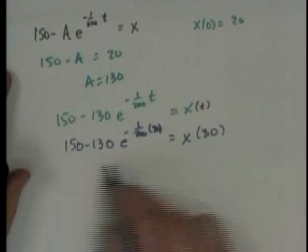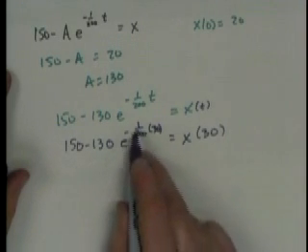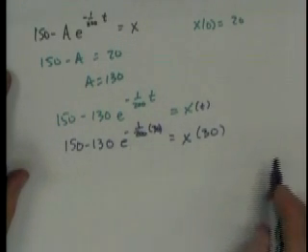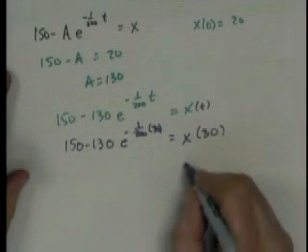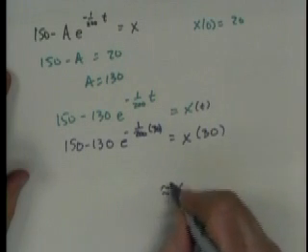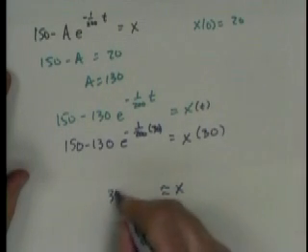So I'm plugging in 30 minutes. So I get 150 minus 130 e to the minus 1/200 times 30. So x is about 38 kilograms.